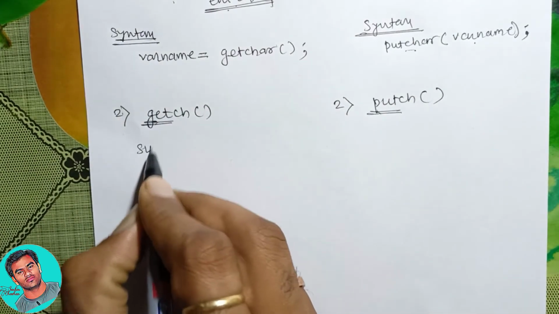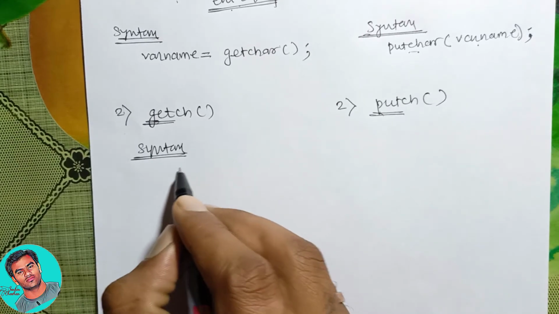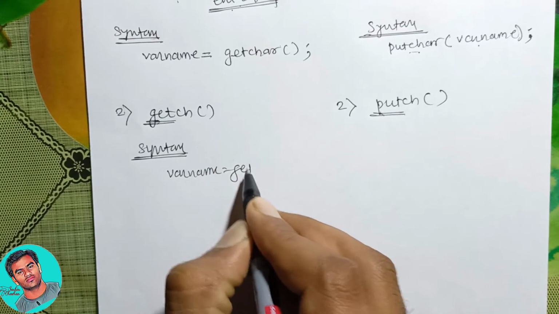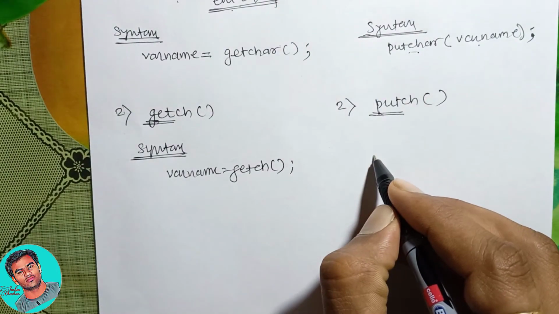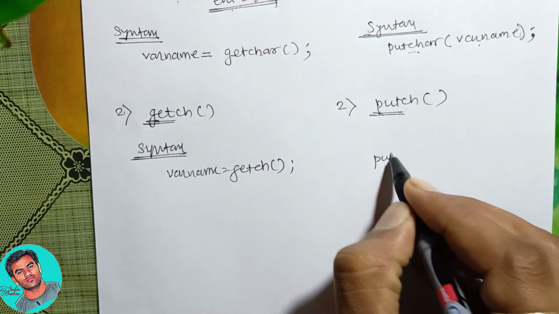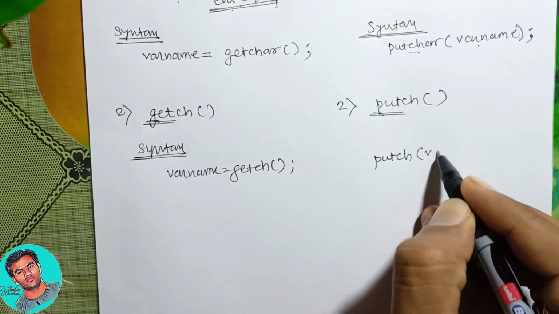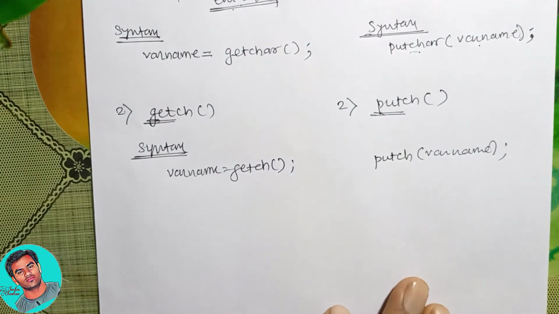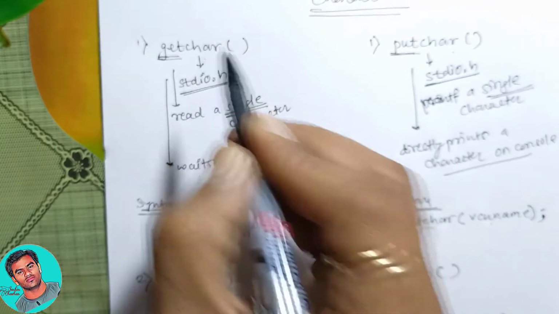The syntax is variable name equals getch, and for putch, putch and a variable name, exactly the same as before.